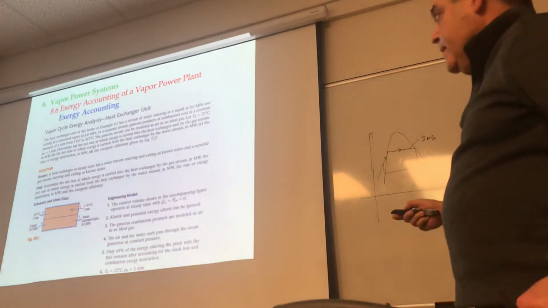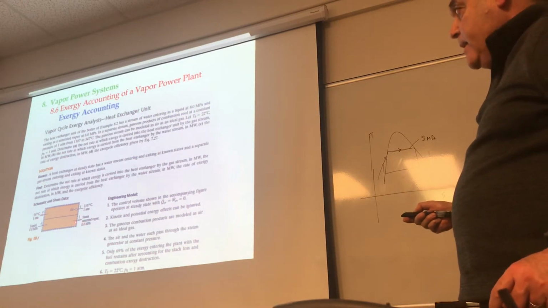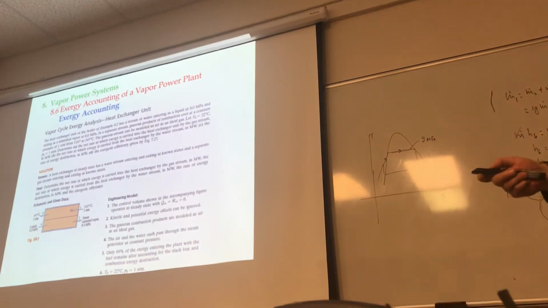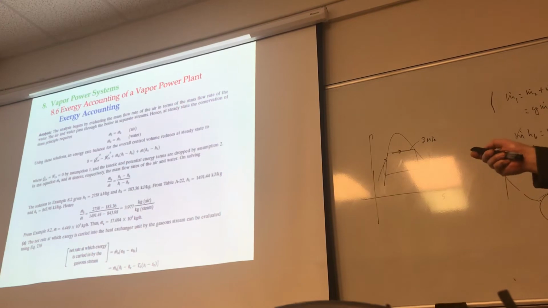So the mass flow rate at the inlet and the exit has to be the same, right? And the same thing here, m dot 1 and m dot 4 have to be the same because the two things do not mix, right? So at steady state, the conservation of mass principle requires that m dot i equals m dot e for air, and m4 and m1 are the same for water, right?